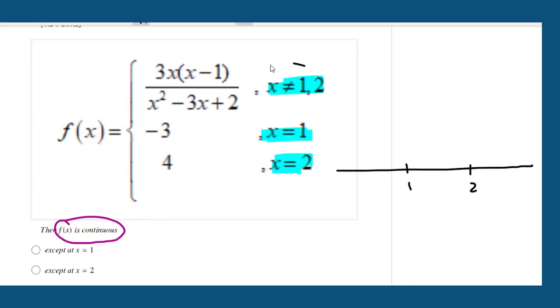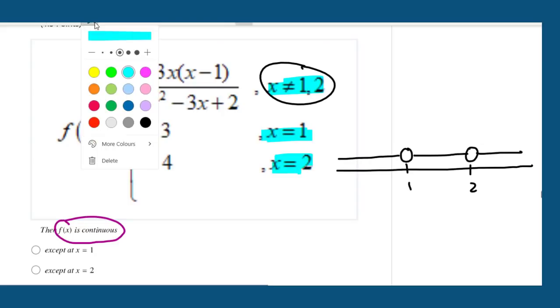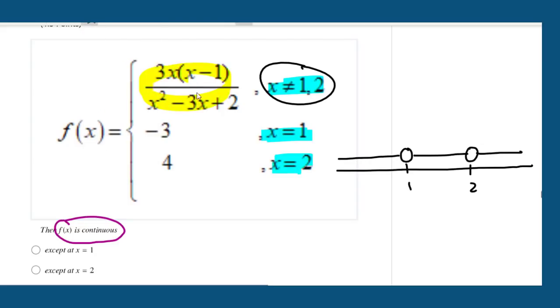For all real numbers except 1 and 2, the function is this function. Write the function here, same function. When x is equal to 1, y is equal to negative 3.